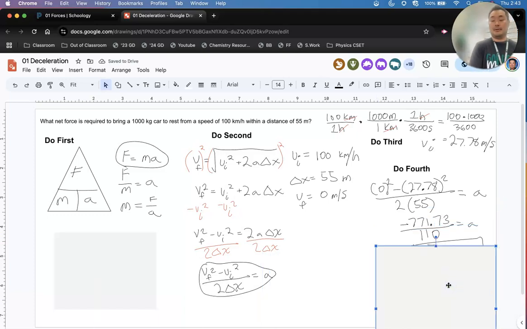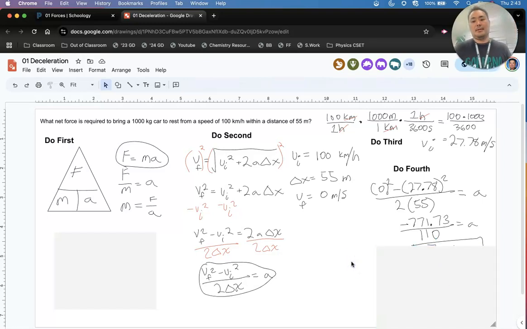Michael, grab a calculator and put in negative. Notice we saved the negative because it's outside the parentheses. Now we apply negative 771.73 divided by 110. Try one more time.